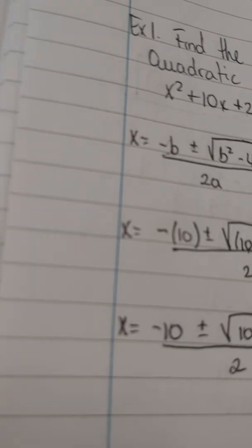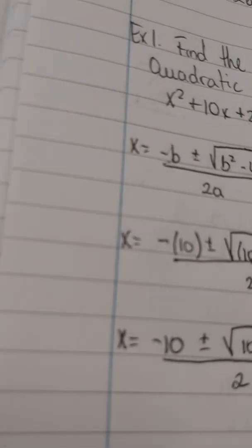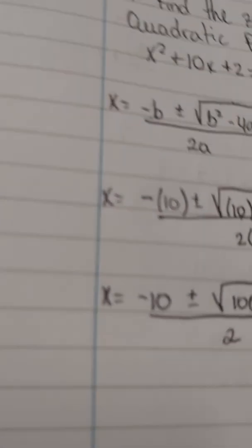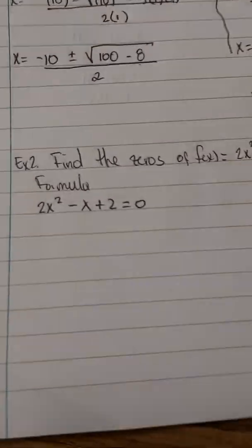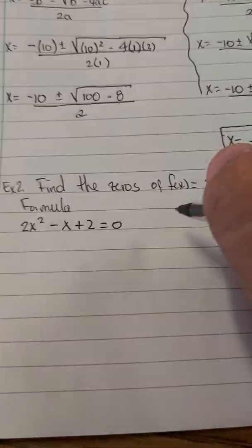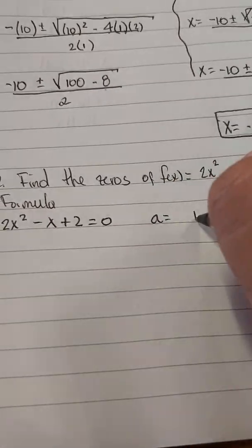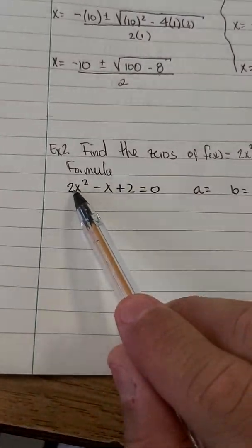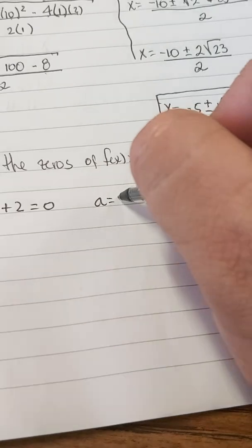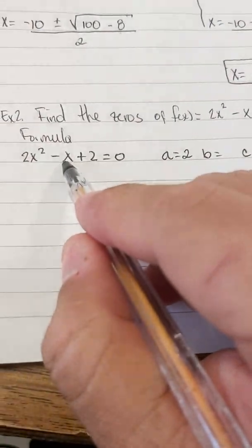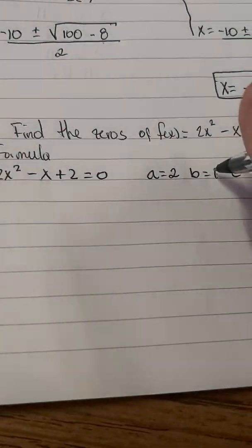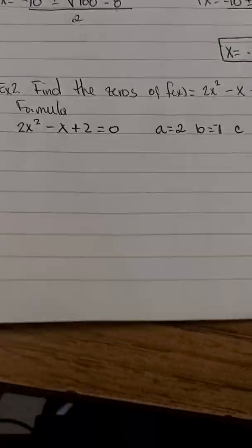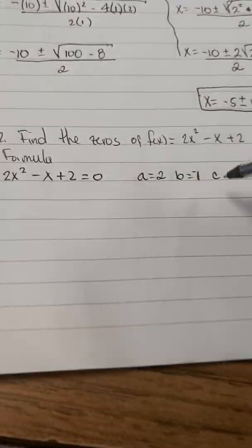So that means 2x squared minus x plus 2 equals 0. And let's find the values of a, b, and c. A equals 2. B equals negative 1. And c equals 2.